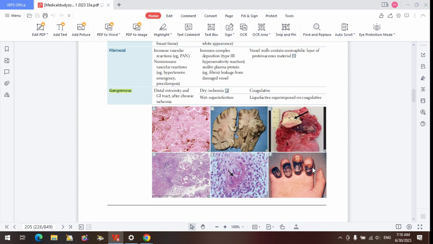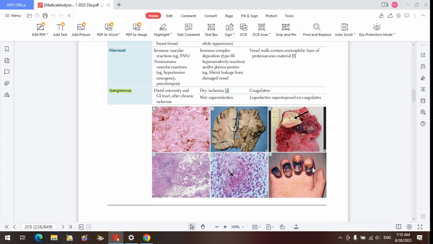So initially, when there's just ischemia only, there's no superimposed bacteria, it's just dry gangrene only. That was just due to ischemia, coagulative necrosis. But when you have a superimposed infection, that means you have a liquefactive necrosis superimposed on the coagulative necrosis, because the bacteria will start liquefying those tissues. They'll start decomposing them. They'll start fermenting them.